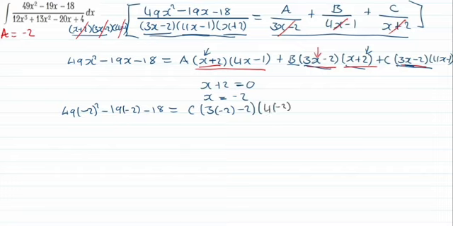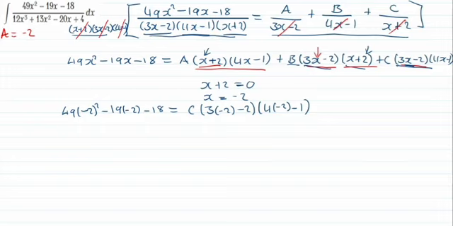Okay, so with this, when you punch on your calculator, we have 49 multiplied by 4, then negative and negative will be positive, so we are going to have 19 times 2, then minus 18.